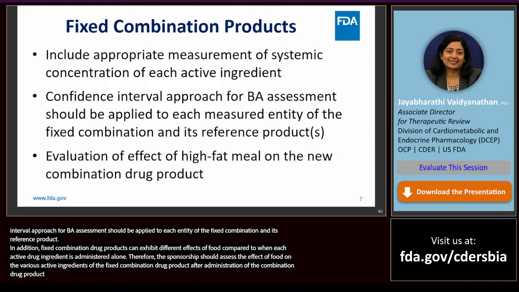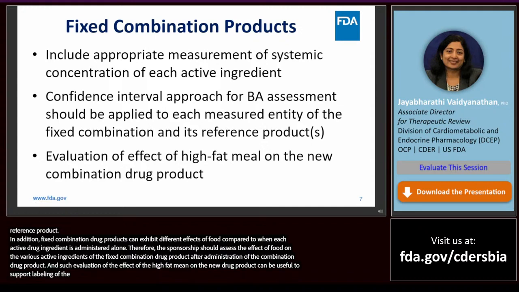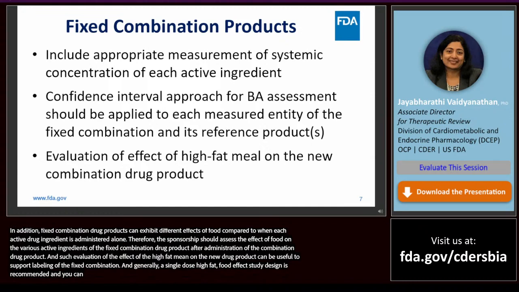And such evaluation of the effect of a high-fat meal on the new drug product can be useful to support labeling of the fixed combination. And generally, a single-dose high-fat food effect study design is recommended, and you can refer to the food effect guidance for more details.